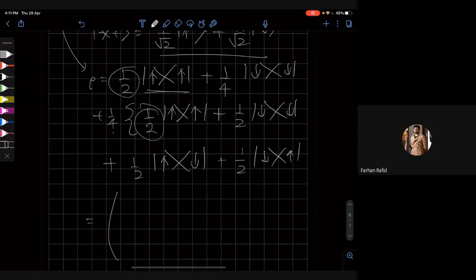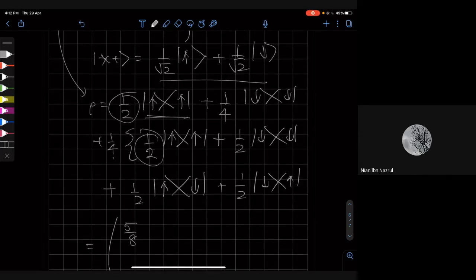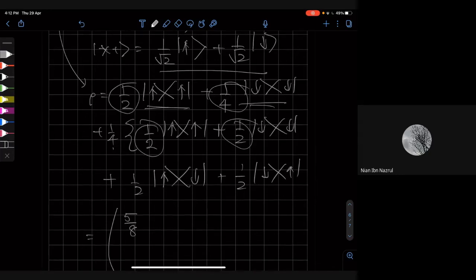So now, if you work this out, this is half. This is half times 1/4, which is 1/8, right? So what is 1/8 plus half? 5/8. So this is going to be 5/8 over here, right? And then down is also 1/4, and this is half times 1/4.